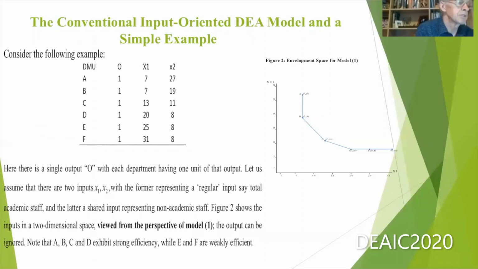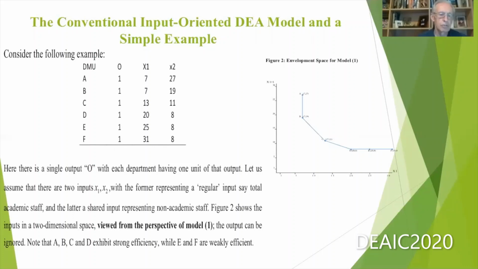Consider a simple example. Let us suppose we have 6 DMUs, numbered A through F. Let's assume there is a single output O, which I've taken as 1 for all DMUs. And let us assume there are 2 inputs, X1 and X2, where X1 represents a regular input, say total academic staff, and the latter is a shared input representing non-academic staff.